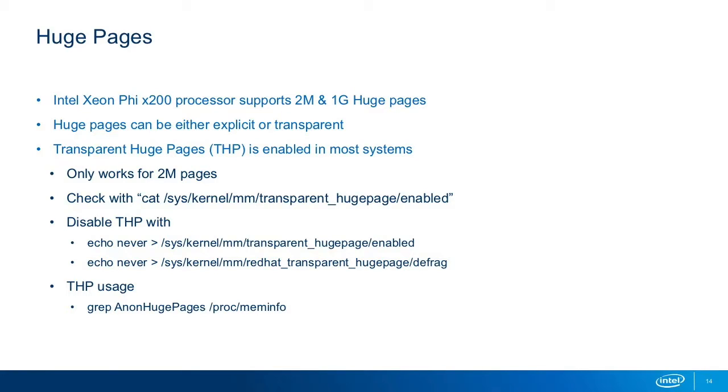Also, the use of huge pages, I saw it's also integrated into the Cray software as well, but here is some information about how to use huge pages, like how to disable the transparent huge pages by piping never into this parameter here, into this file of the kernel file system.